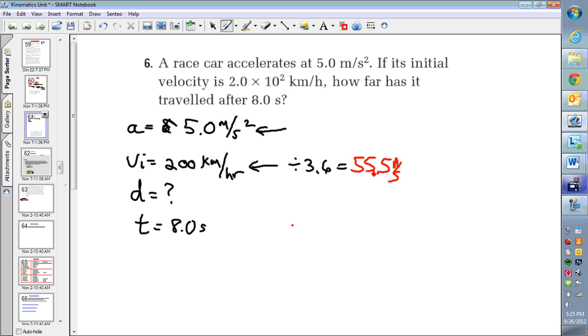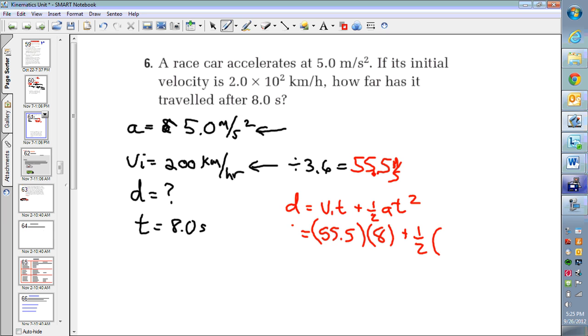How far has it traveled after 8 seconds? The formula for distance says VIT plus 1/2 AT squared. So 55 and a bunch of 5s is the VI. Time is 8 seconds plus 1/2, acceleration was 5, and 8 squared.